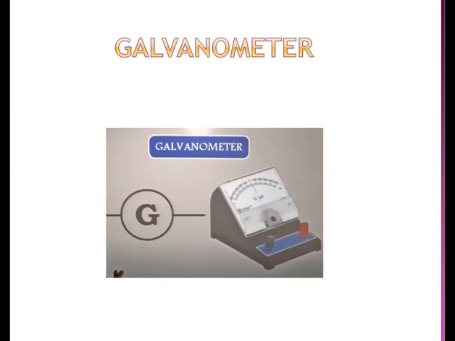So if the galvanometer needle deflects towards the right, it means the current is flowing in this direction, towards the right. If the galvanometer is deflected towards the left, it means the current is flowing in the left direction. The symbol for the galvanometer in the circuit is G.